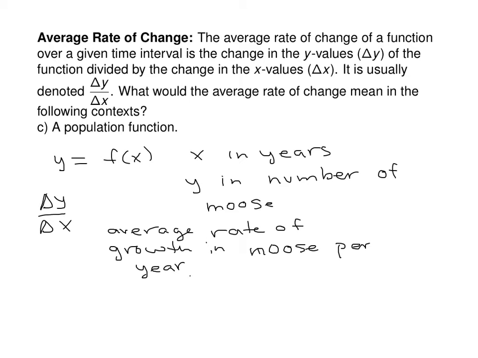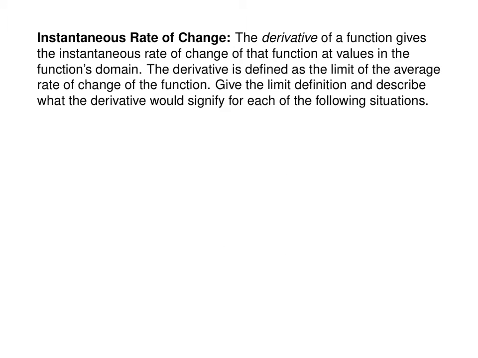Now, how that relates to the calculus is something called the derivative. So the derivative is the instantaneous rate of change of a function at values in the function's domain. The derivative is defined as the limit of the average rate of change of the function. So first we're going to get the limit definition, and we're going to describe what the derivative would signify in the following situations.